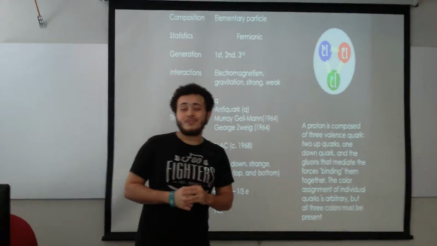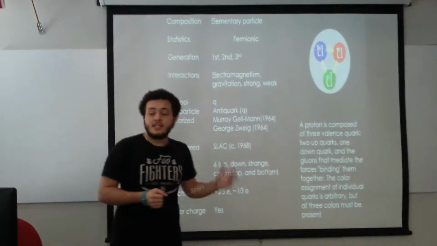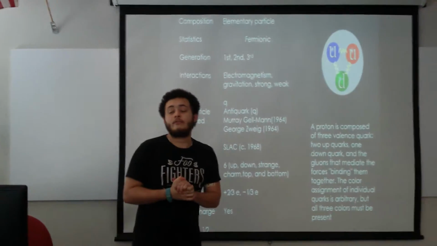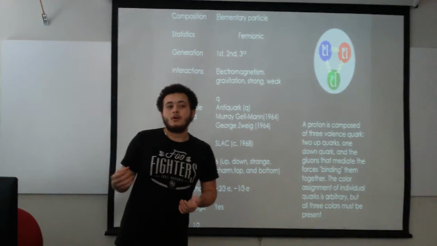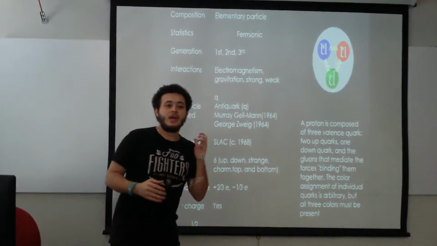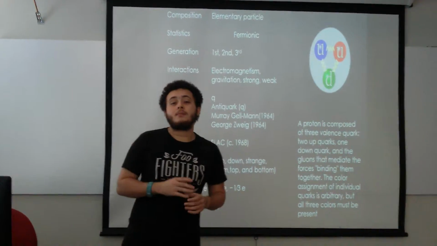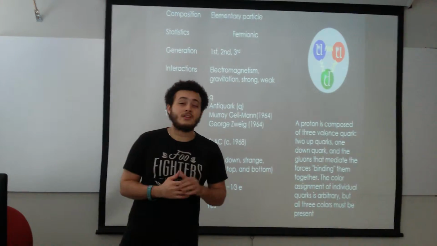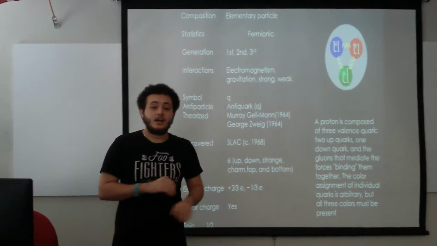A quark is an elementary particle, and its statistics are fermionic. This means it is a fermionic particle, which in physics behaves or has the characteristics that fermionic particles should have. Keep in mind that if you want to know what a fermionic particle is, you should Google it up.